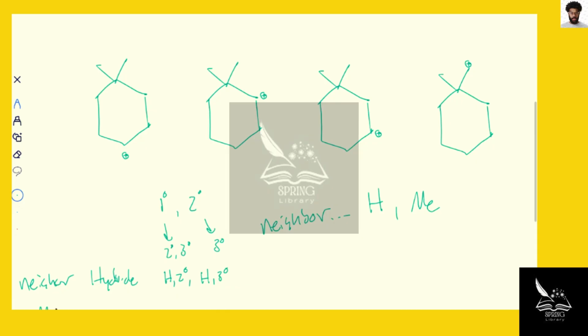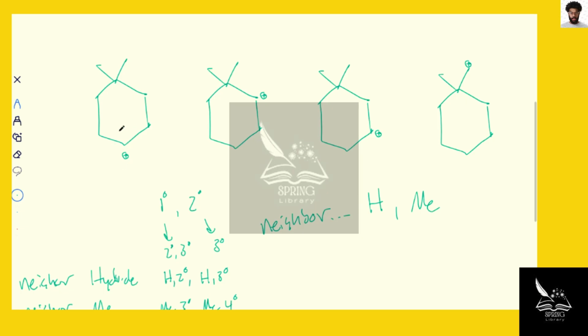And for a methyl shift, we need to have a methyl that neighbors, and it needs to be on a tertiary center, or in the case of a secondary carbocation, we need to have a methyl on a quaternary carbon. Okay, that's the only way we're going to increase the substitution.